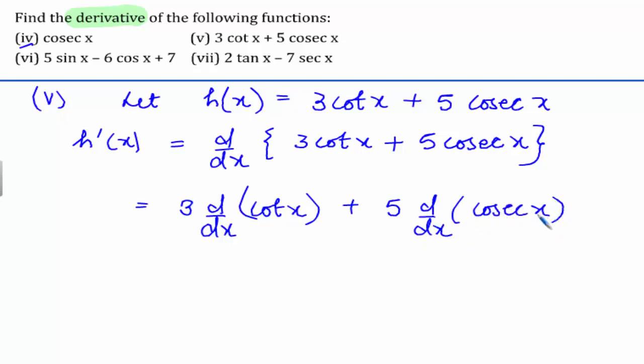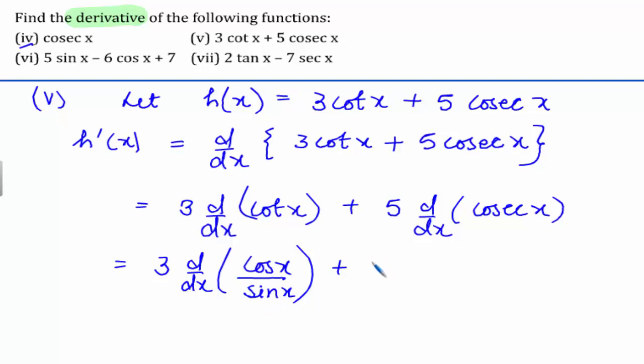And further we have 5 times the derivative of cosec x, which, as we found in the fourth part, is minus cot x into cosec x. So here we have minus cot x into cosec x. Now let us apply the quotient rule here.